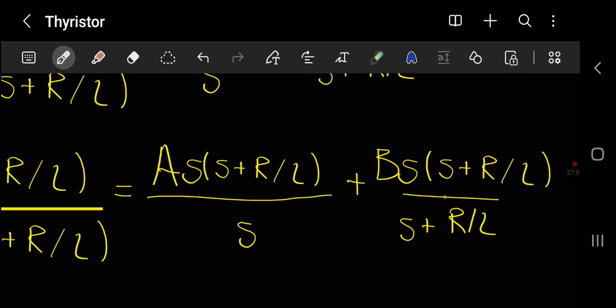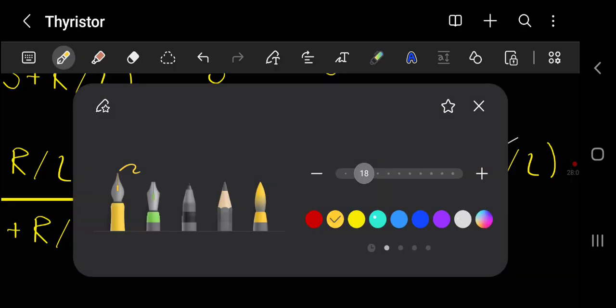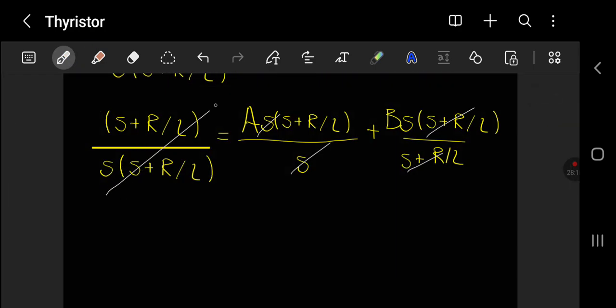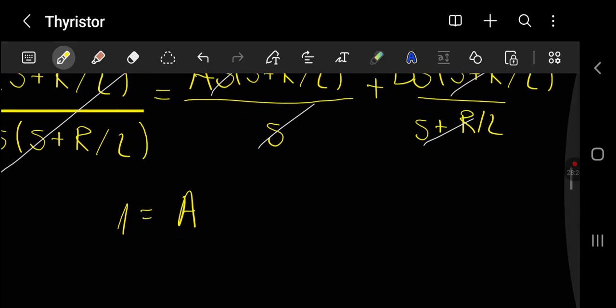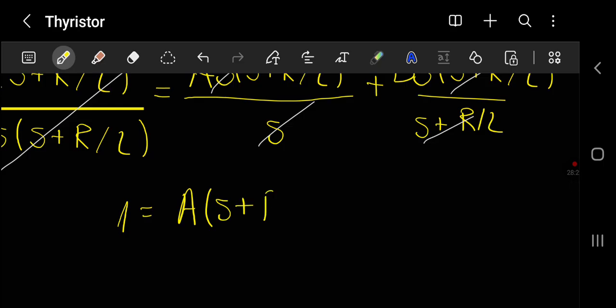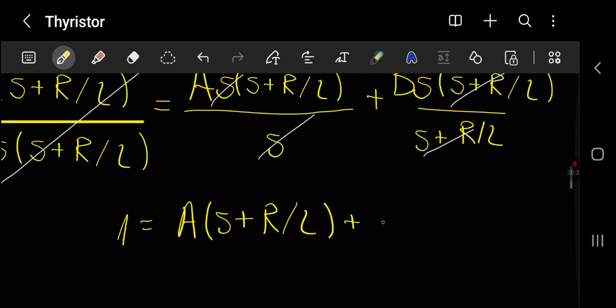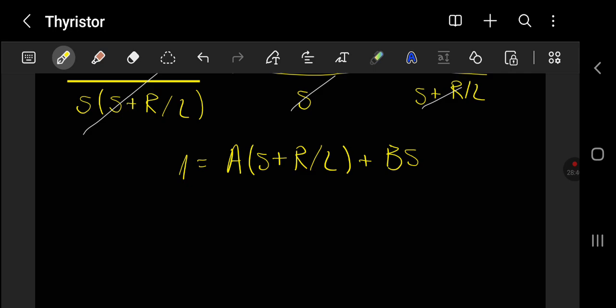So these terms are going to cancel each other here and here, and we are left with the respective equation: 1 equals A times (S plus R over L) plus B times S.